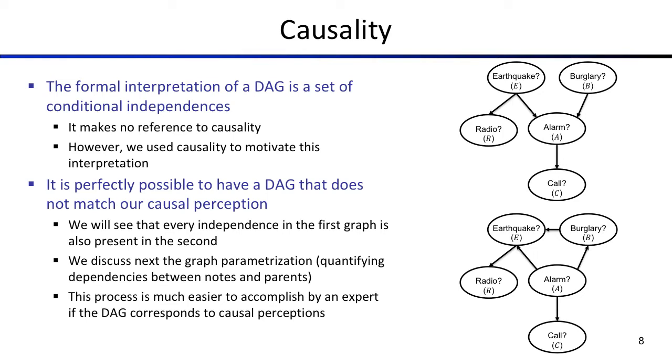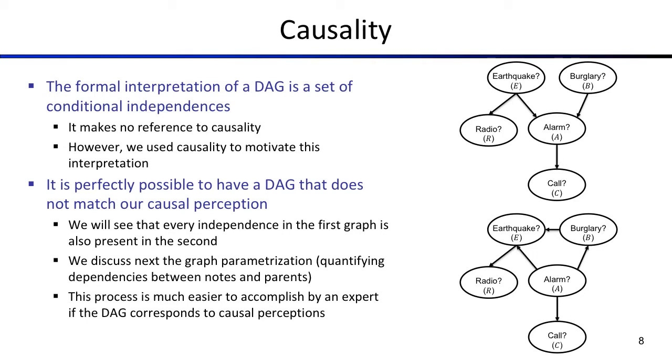And there is one example here in this slide. These two Bayesian networks, the first one was built using the idea of causation, and the second one wasn't. And it is strange to accept this, but both networks have exactly the same independence statements.